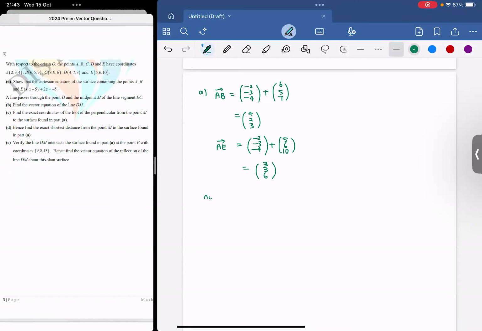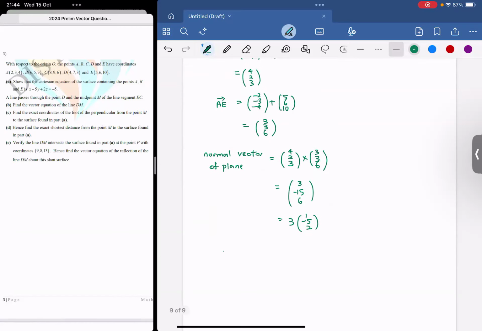So the normal vector of the plane is equal to 4, 2, 3 cross 3, 3, 6. We will get 3, 9, -24, -15, 12, 6. Okay, take out a number so that it is nicer to write.